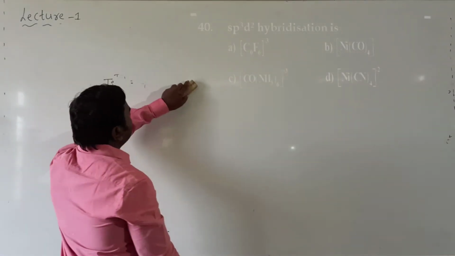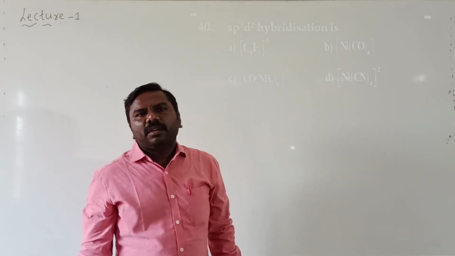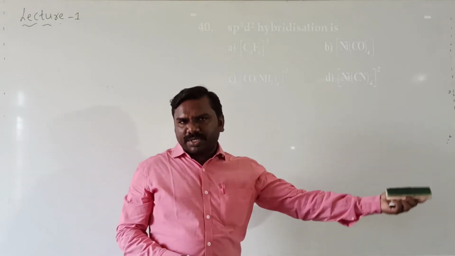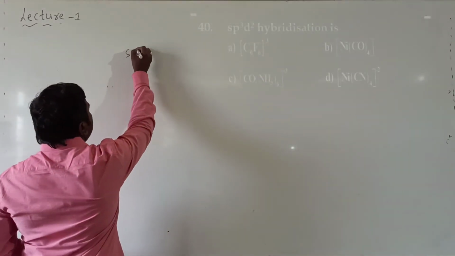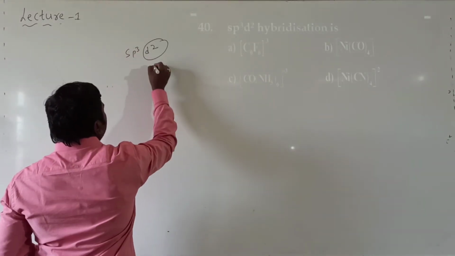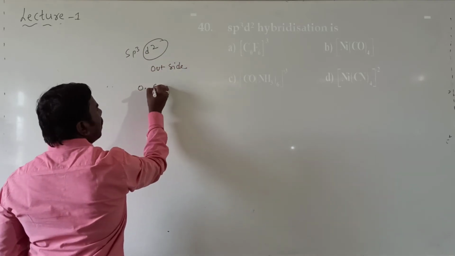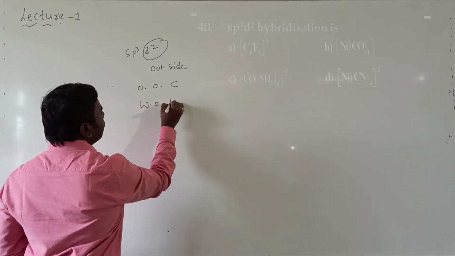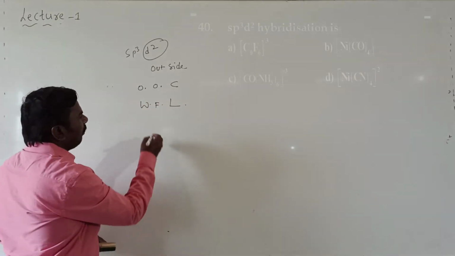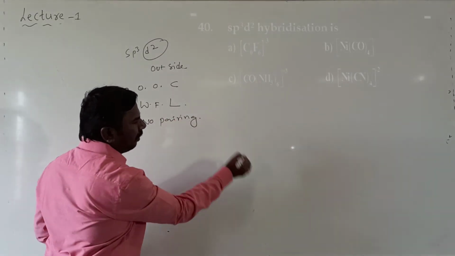sp3d2 hybridization is present. You just observe clearly. In sp3d2, the d is outside, that's why it is an outer orbital complex. It is possible in the presence of a weak field ligand. Weak field ligand causes no pairing. Clear, all of you?